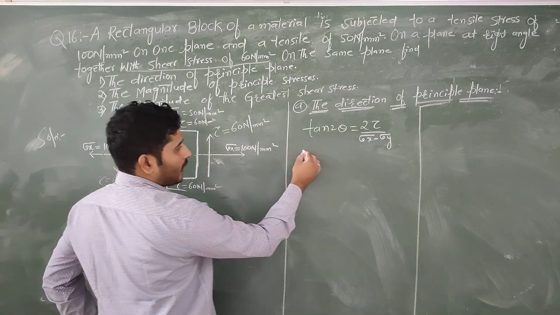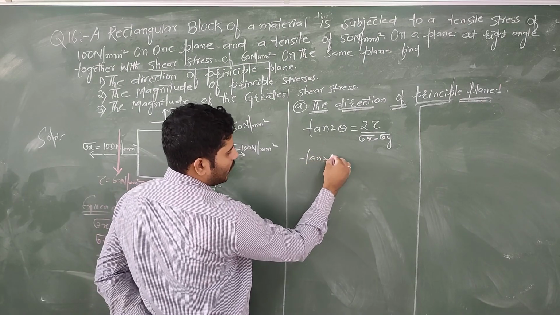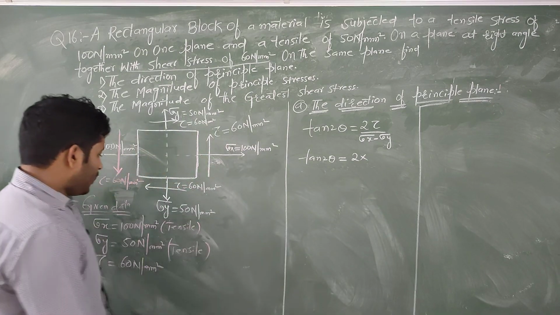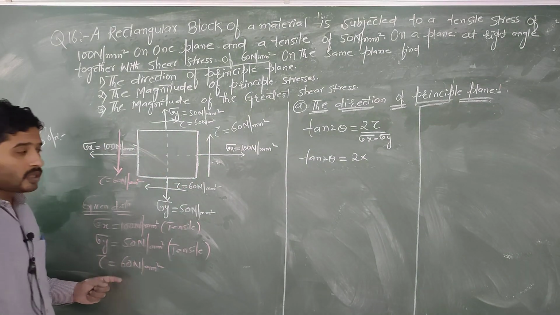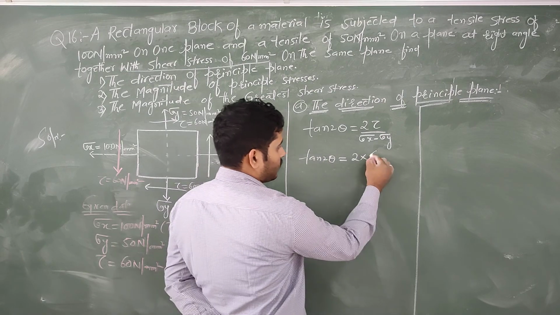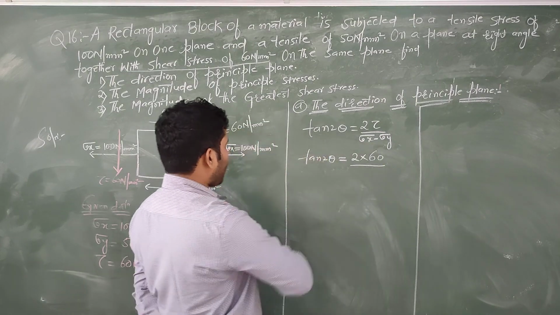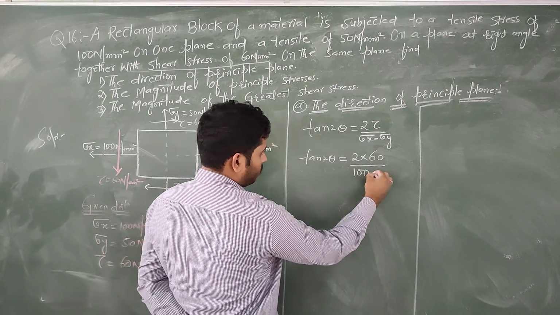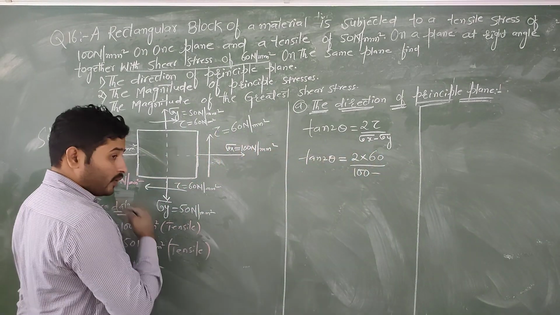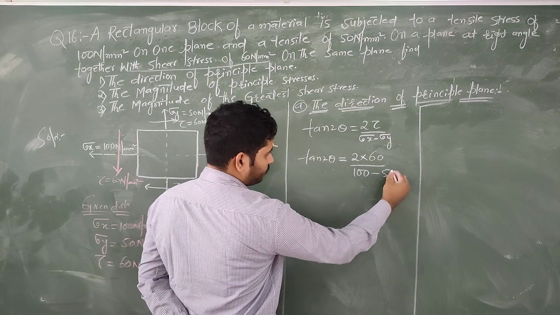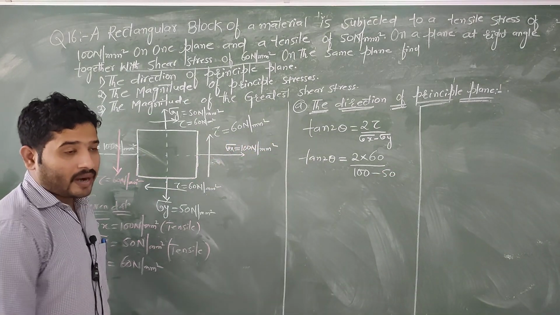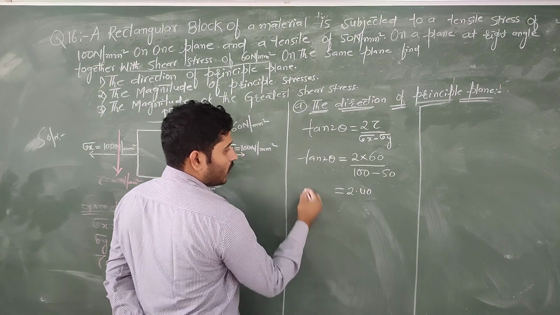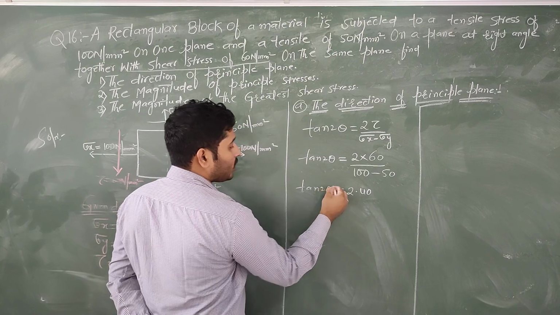Then tan 2 theta equals 2 times the shear stress, which is 60 N/mm², divided by sigma x, which is 100, minus sigma y, which is 50. If you divide this, you will get 2.40. That is the value of tan 2 theta.